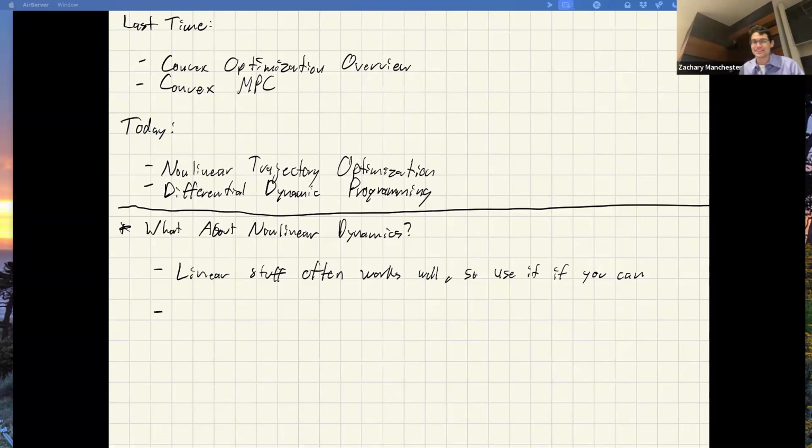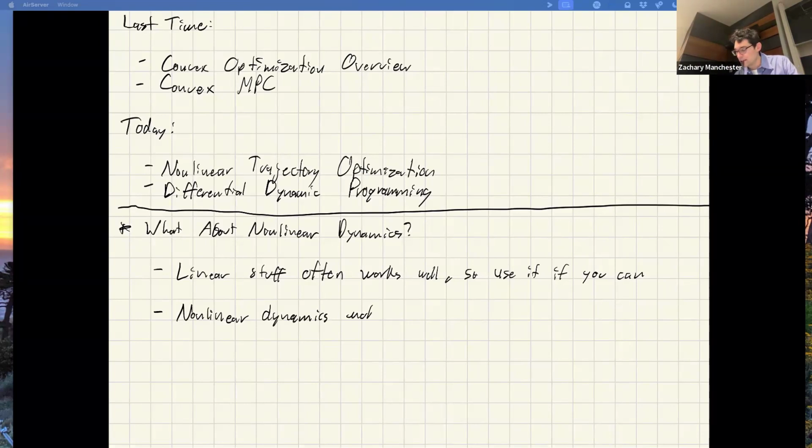The second message from me is that even if you have a nice convex cost function, like a nice quadratic cost, because we get to make those up, so that can be convex, as soon as you introduce nonlinear dynamics, life gets much, much harder.